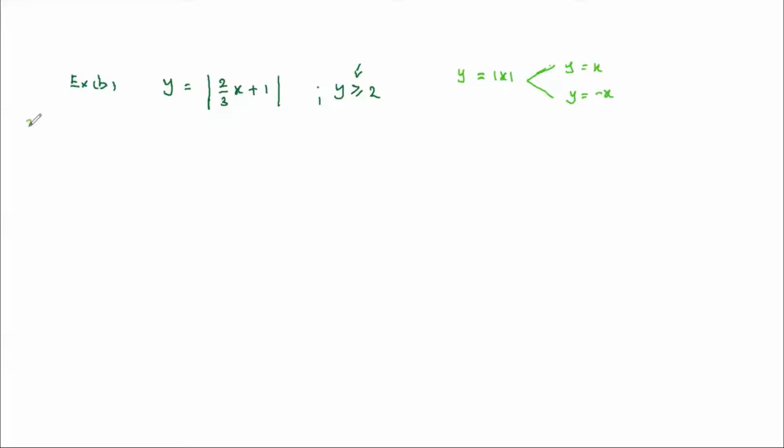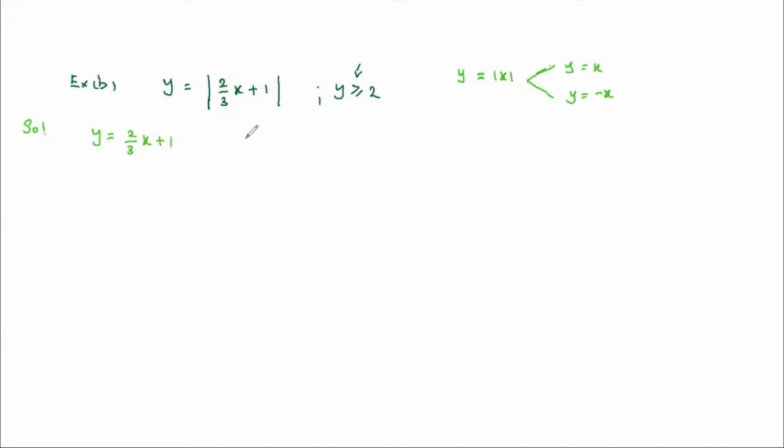So our solution is going to be, the first one, because positive, y equals plus x. So for this one we take the absolute sign off, and this side is going to be plus 2 over 3x plus 1.